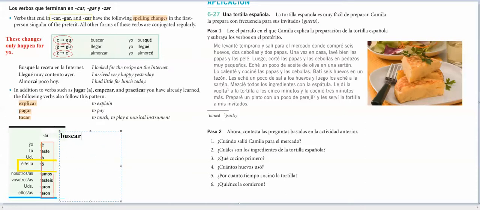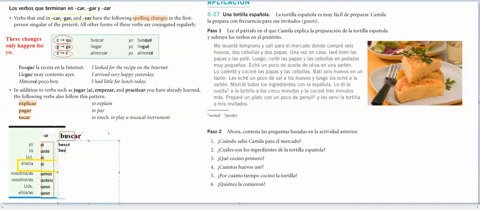I have buscar, and then if I just do what I'm supposed to, which is to take this ending off and keep my stem and start adding endings to that stem, I've got busc, and then I would add the é.